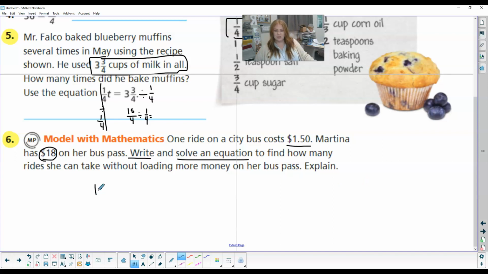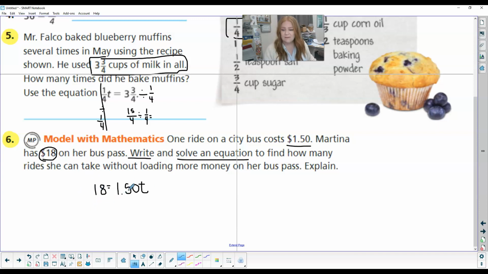So I know she has $18, and I know it costs $1.50 every time she rides the bus, or B for bus, or R for rides. It doesn't matter the variable you choose. So every time it costs $1.50, and I want to see how many she can do to equal 18.